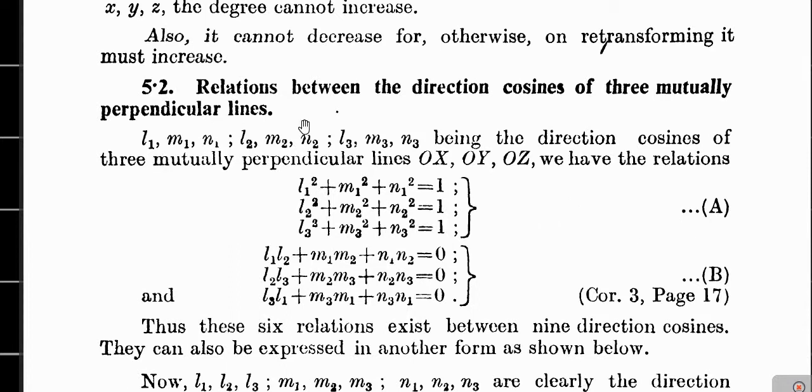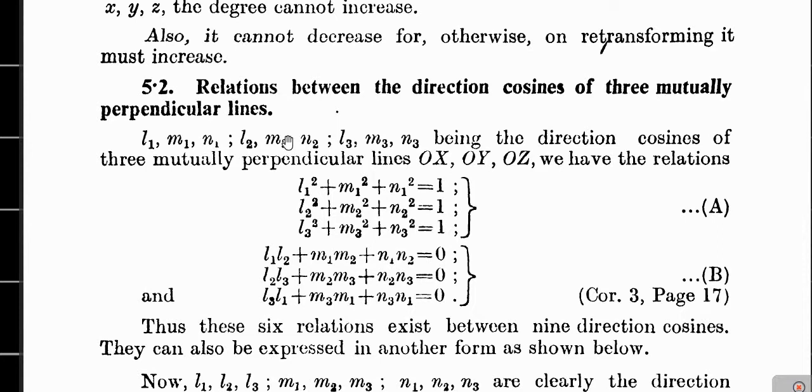Again, as the given three lines are perpendicular to each other, we have the result that the sum of the products of their direction cosines is equal to 0. As the first line is perpendicular to the second line, we have L1 into L2 plus M1 into M2 plus N1 into N2 equal to 0.